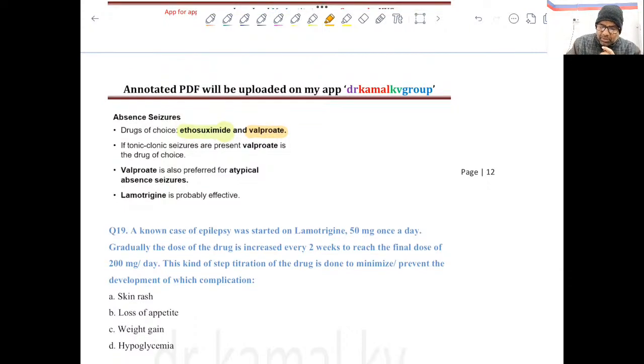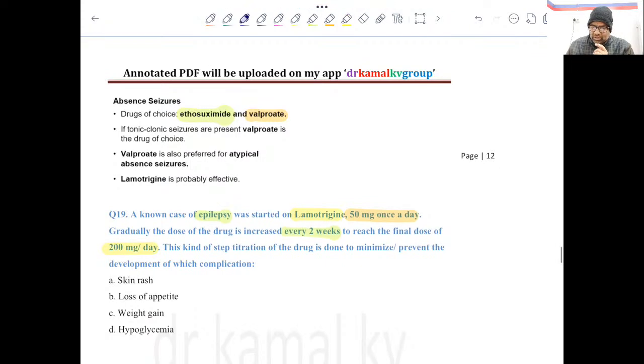Now, a patient of epilepsy was started on lamotrigine, right? And this is 50 milligram once a day. Then every 2 weeks the dose is increased, and then the final dose is achieved, that is 200 milligram per day. Now, why are we following this?